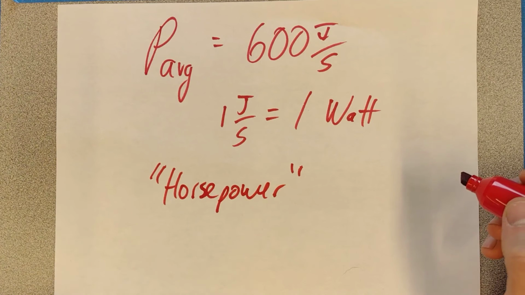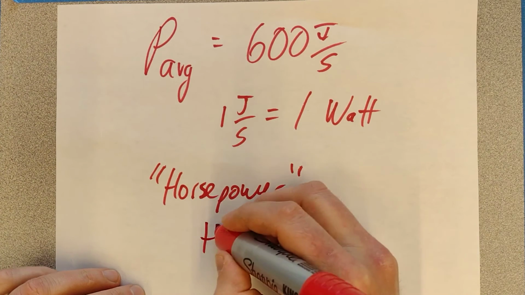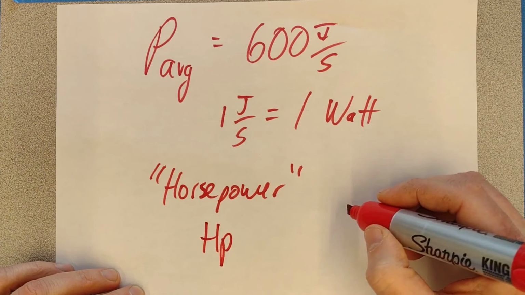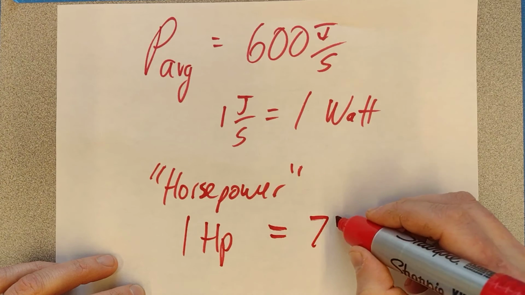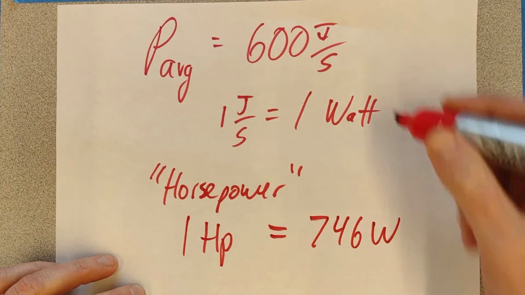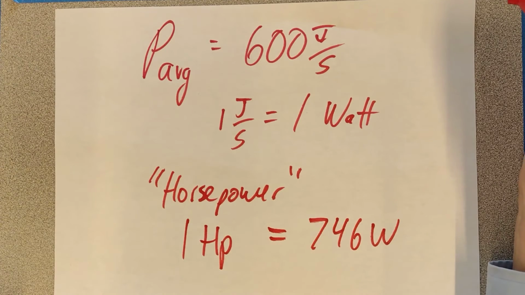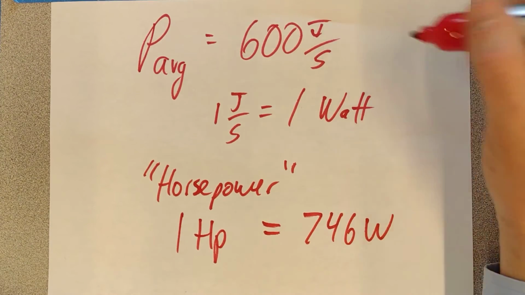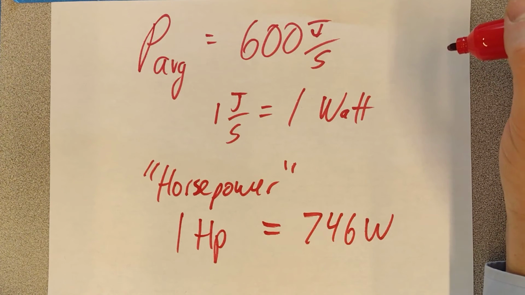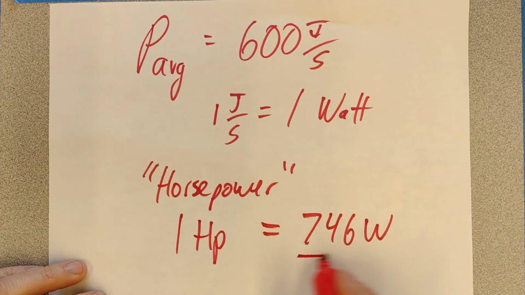We just call it power. We don't use horsepower, which is HP. We use watts. Turns out 1 horsepower has been standardized to equal 746 watts. So this person produced just under a horsepower of power as they ran up those stairs. We don't ever use horsepower really in physics. We always just use watts.